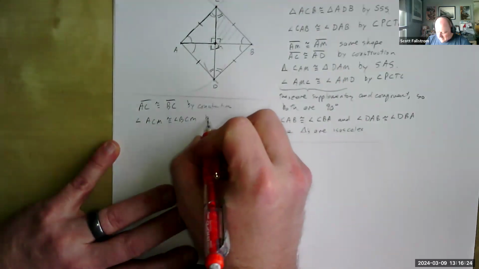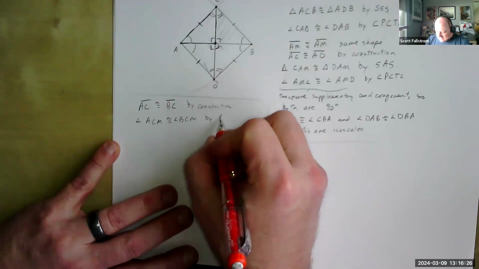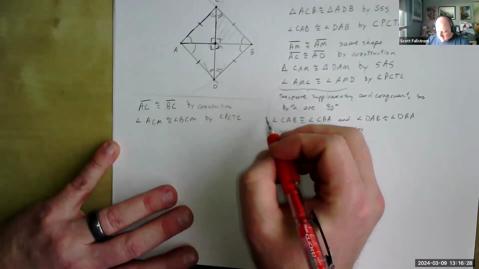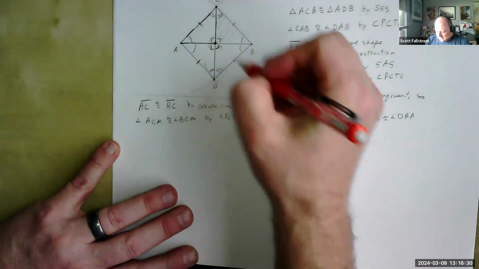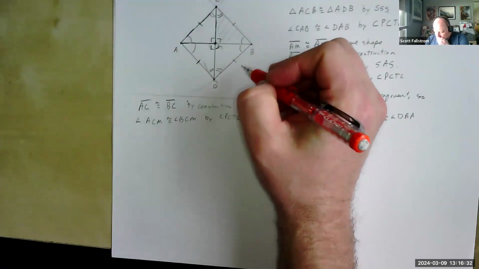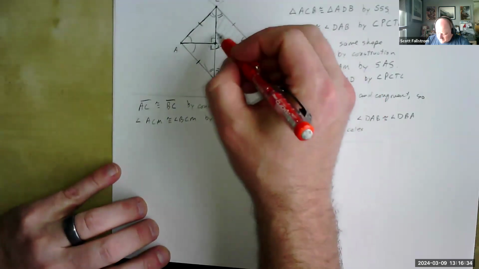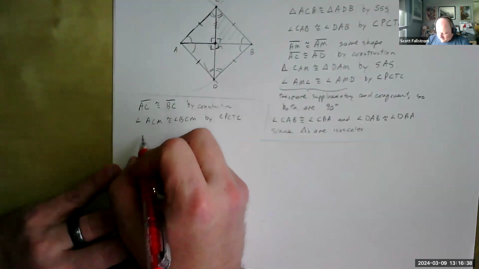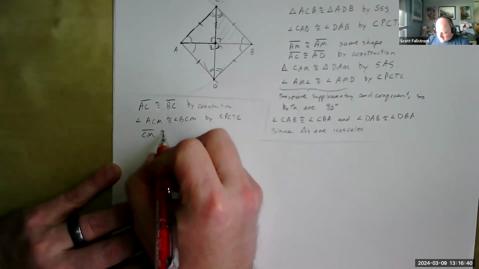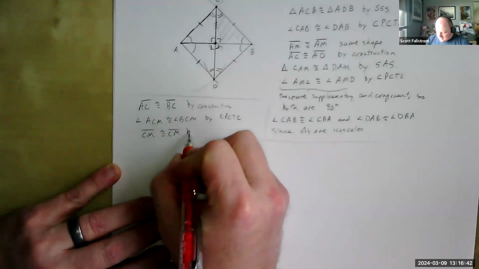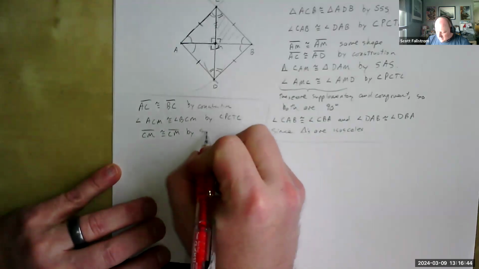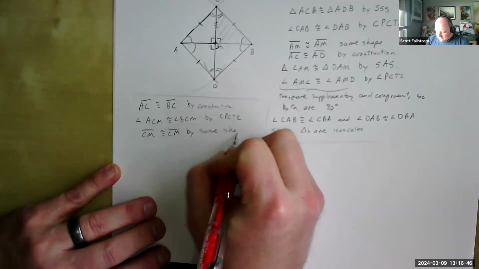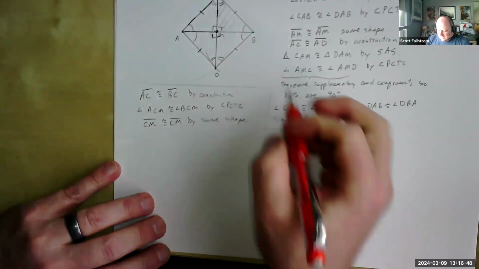And that's by CPCTC. So now I've got that angle here. And I also know that this length down the middle is the same for both. CM is congruent to CM by same shape. And that's all I need.